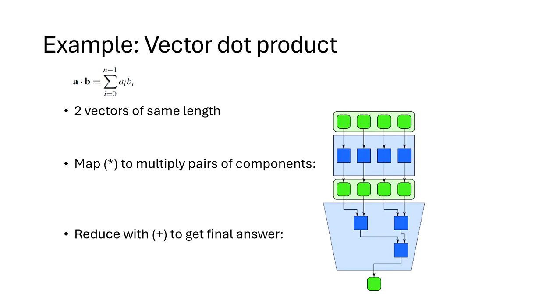The dot product operator is mathematically like this. We have two vectors, let's say they might be three-dimensional. We are going to pair them together, we're going to compute the product of the individual pairs of elements, and then we're going to sum those products together.